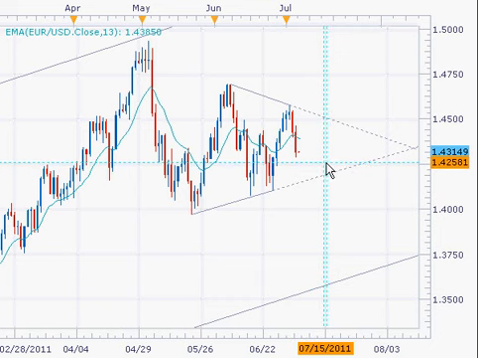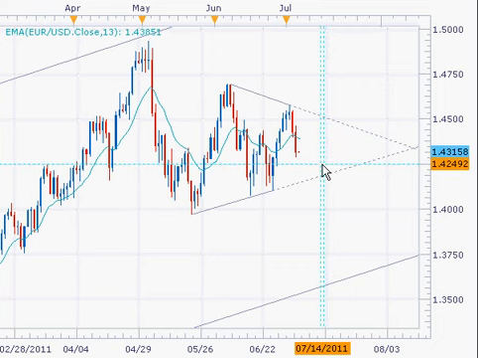So I'm just thinking, if you're going to trade Euro US dollar, be very cautious. We have ECB Rate Decision tomorrow, a very, very important news event for this pair, and we have US non-farm payrolls on Friday.